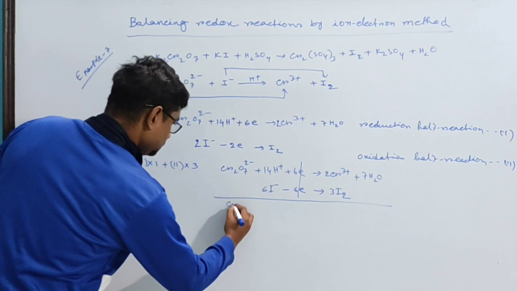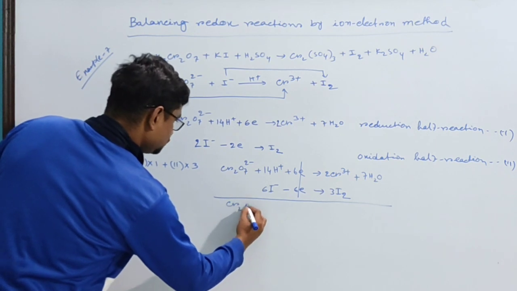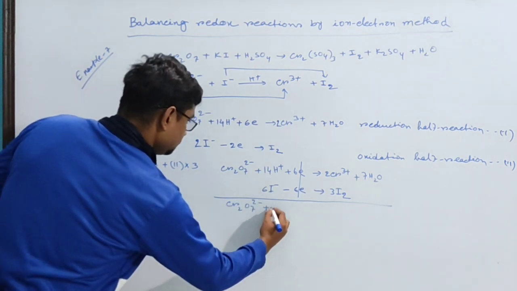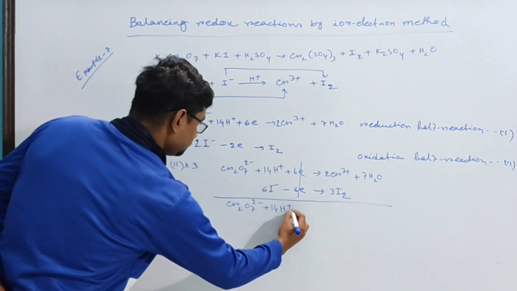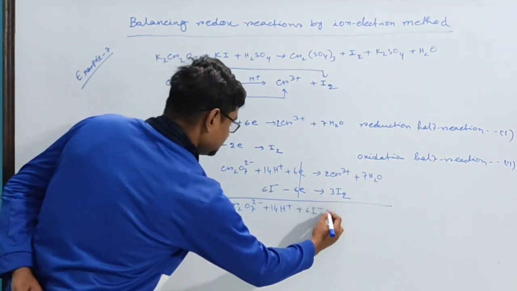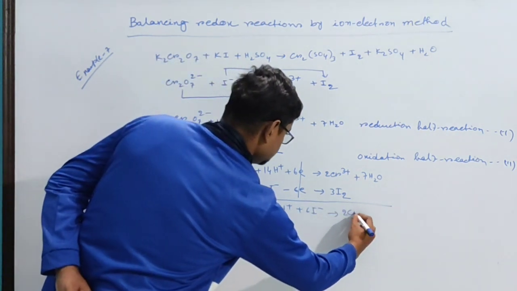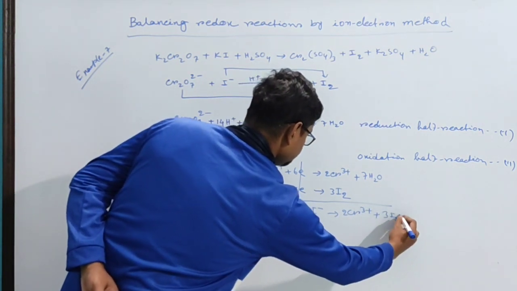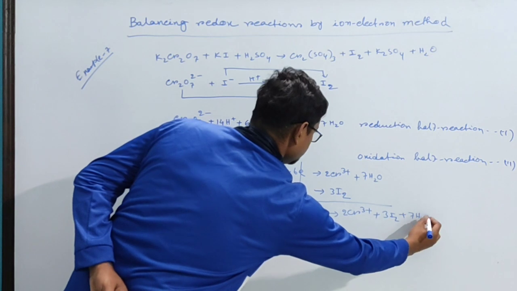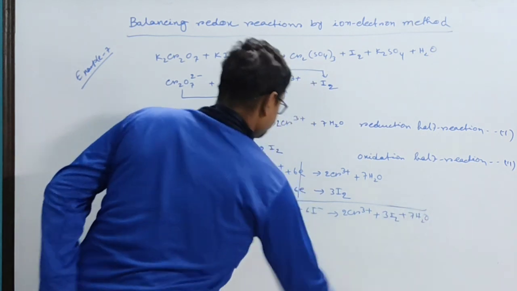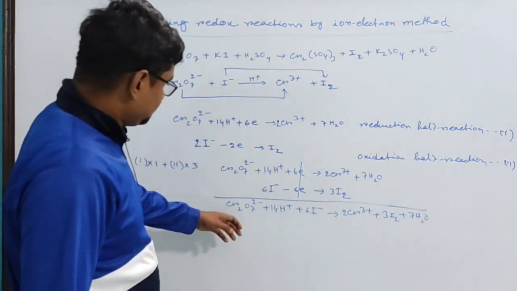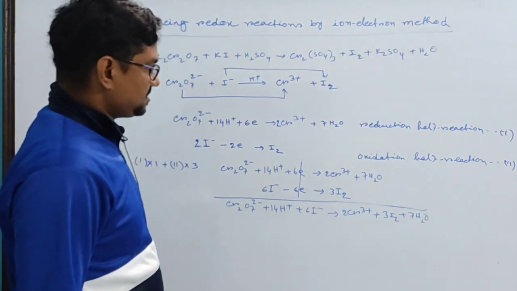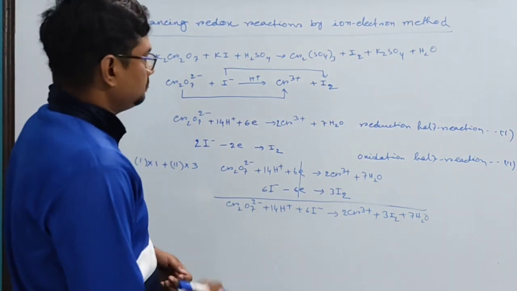So we get Cr2O7 2 minus plus 14H plus 6I minus giving 2Cr3 plus 3I2 plus 7H2O. This is the balanced redox reaction in the ionic form.